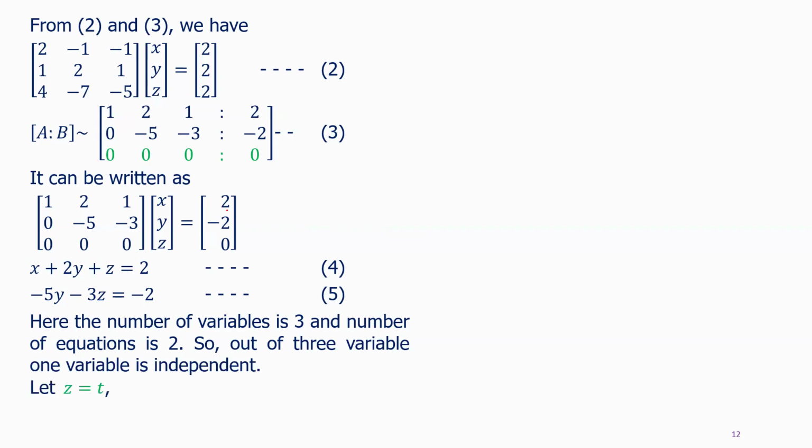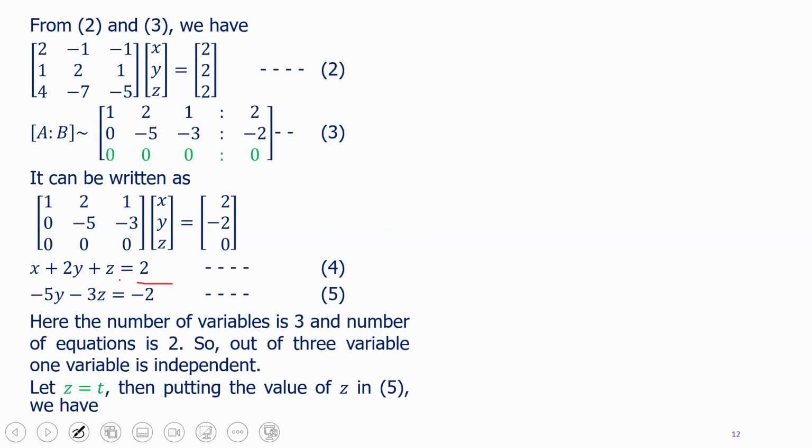So let z equal t be the independent variable. Then putting the value of z in equation number 5, we have minus 5y minus 3z, where z is replaced by t, equal to minus 2.